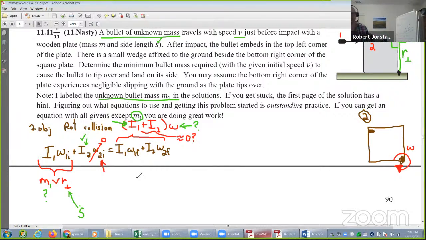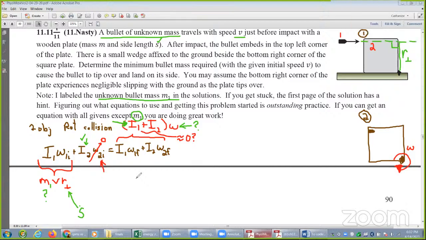What else is happening in this problem? After the bullet hits, what happens? It should rotate, correct? What are we trying to get this thing to do when you shoot it with the bullet? Trying to get it to flip all the way around.